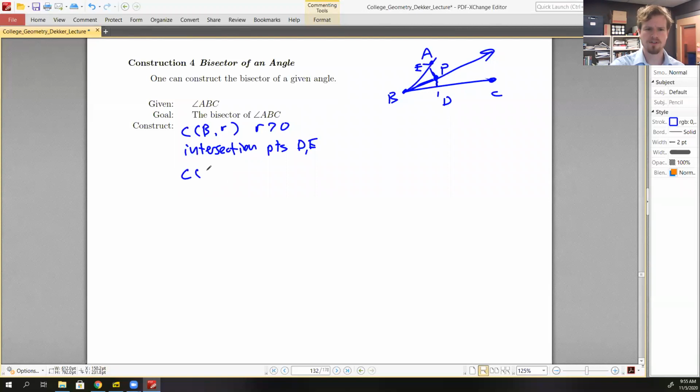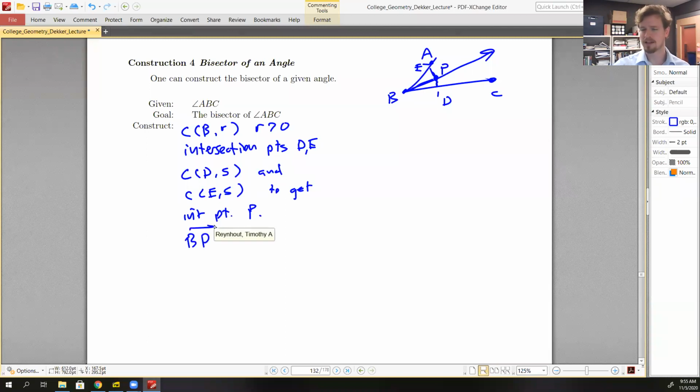So we want to construct a circle at D with some radius and a circle at E with the same radius to get the intersection point, call it P. Then the line BP, a vertex through that point P, is the bisector of the angle.